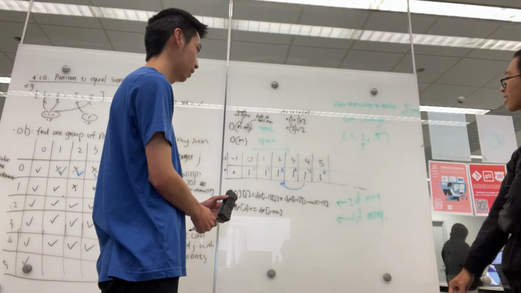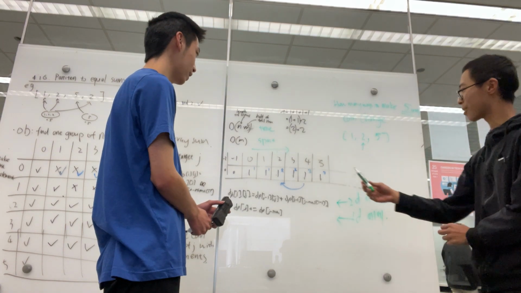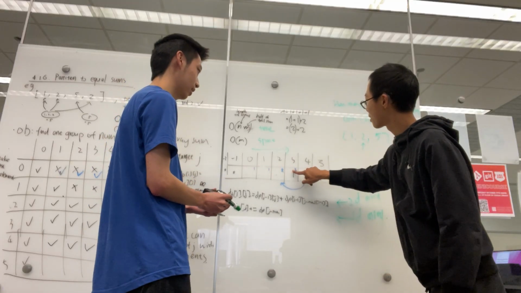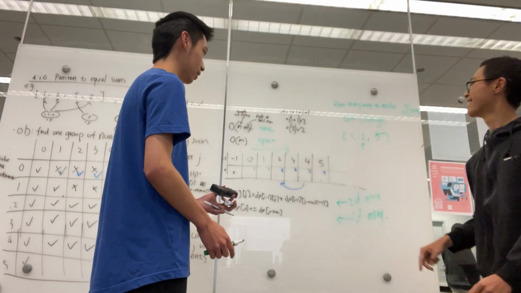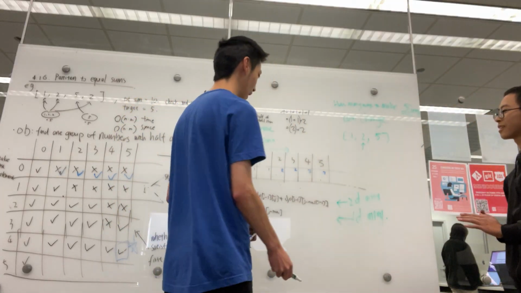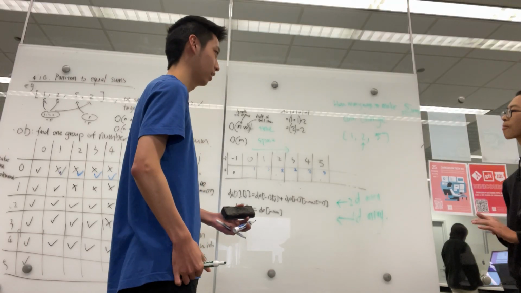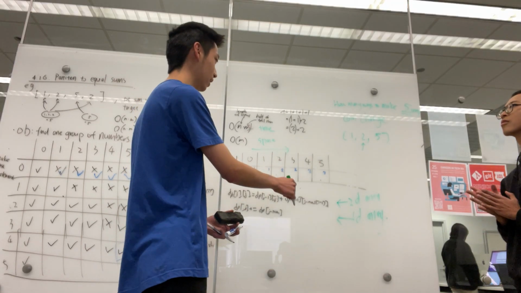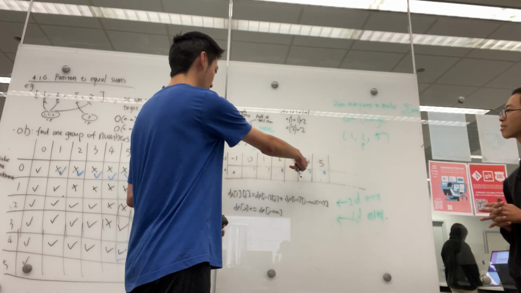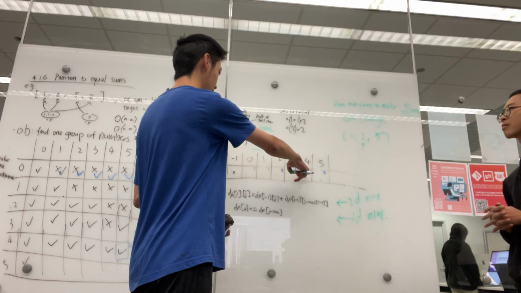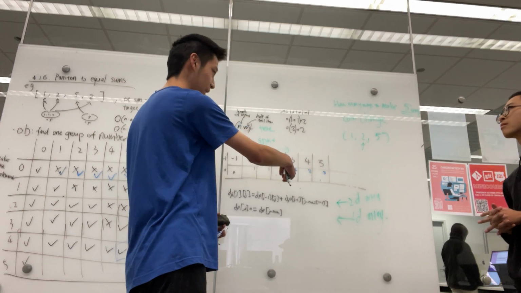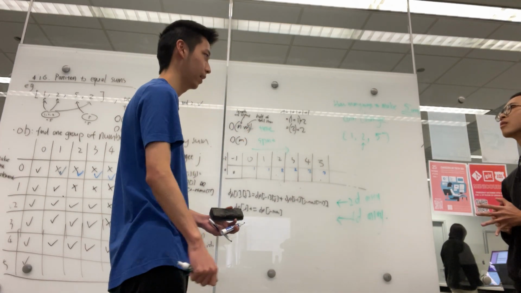For this iteration, num equals 5, we only check 1 target, and that's 5, because the number of ways to make 0, 1, 2, 3, 4 are all going to stay the same.